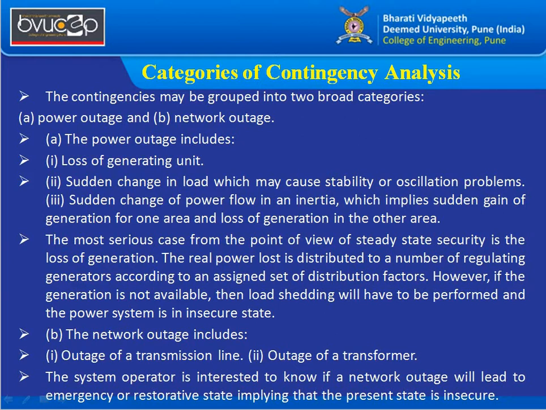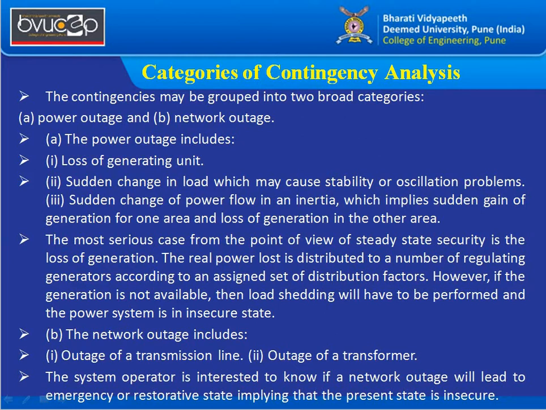So because of these three possibilities and the serious cases which are going to affect the security, the system may go into an insecure state. The second thing is related to the network outages. There are two possibilities for network outages. One is the outage of a transmission line, and the second is the outage of a transformer.